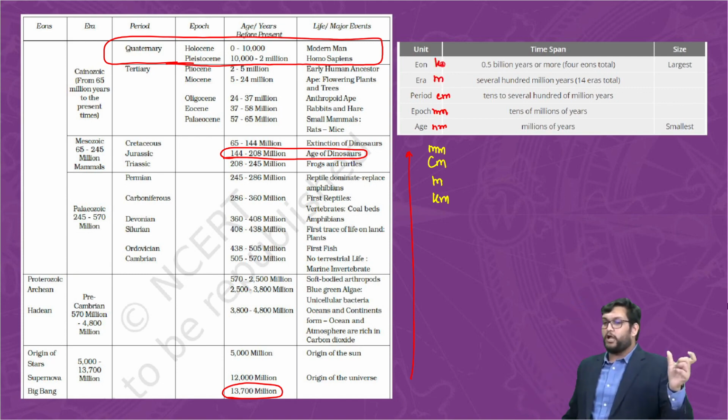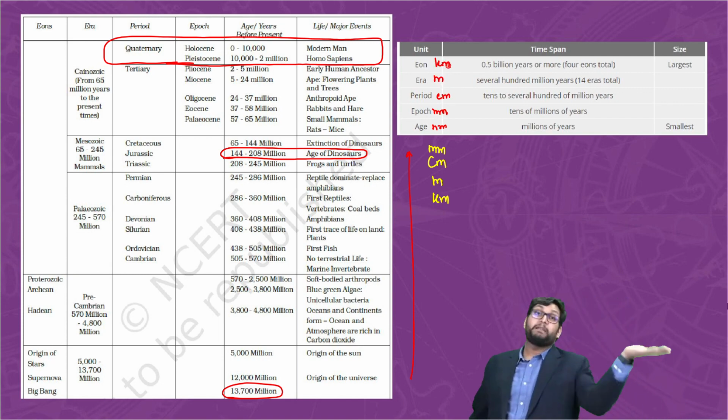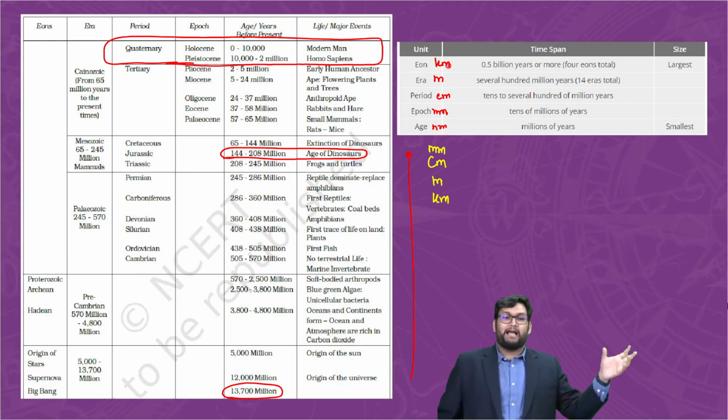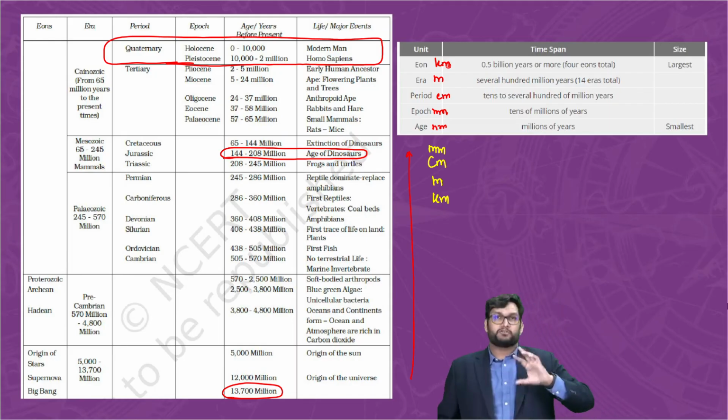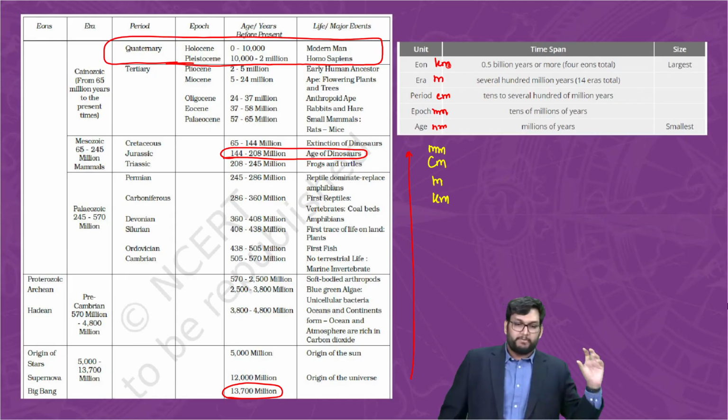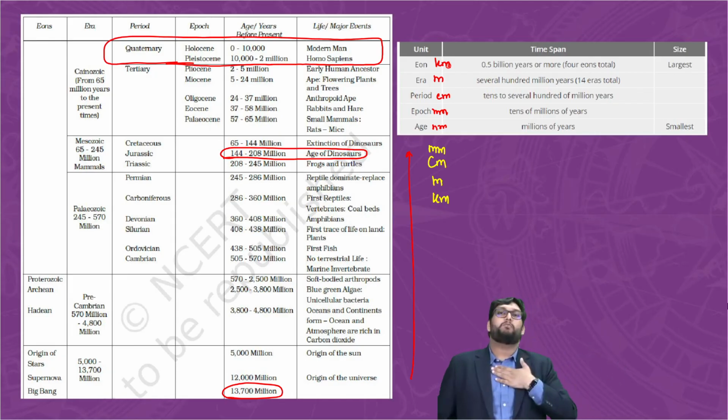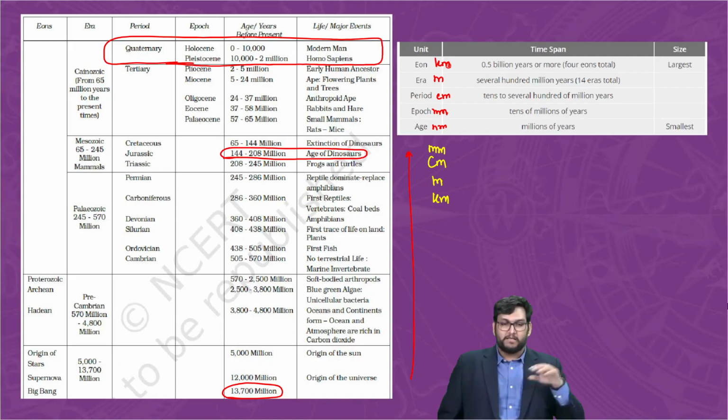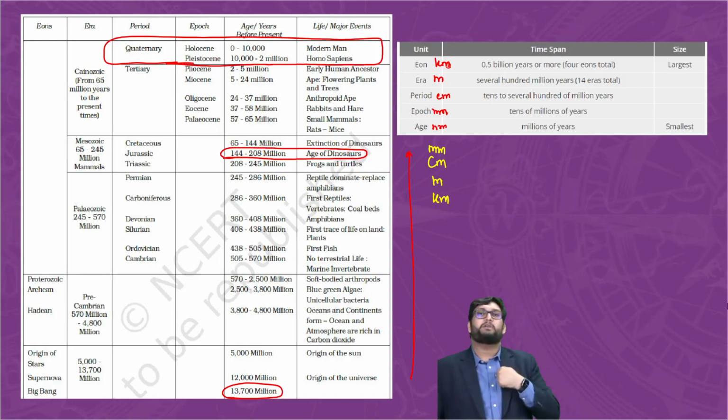An eon means 500 million years. Era means several 100 million years. Period means several million years. Epoch is what we are more concerned with, which is tens of millions of years. Meaning 10 million to 90 million is where we come into existence.